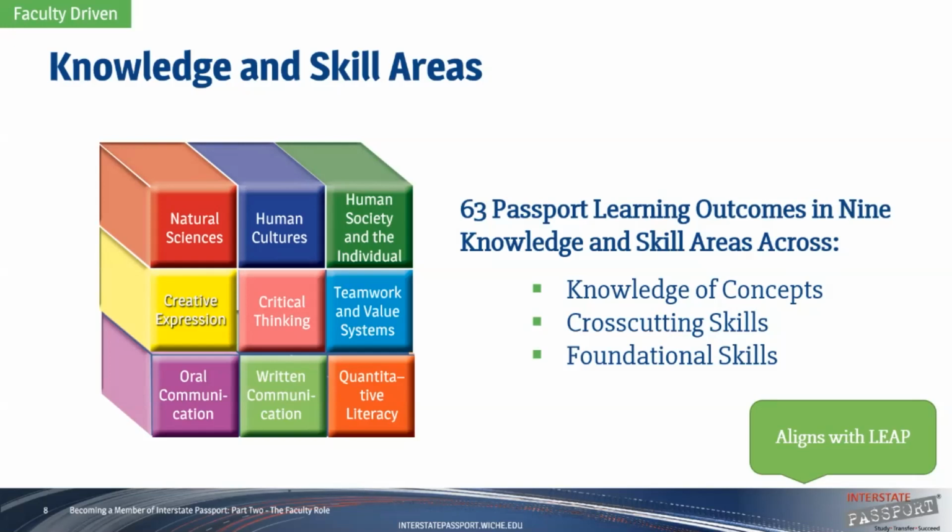Then the knowledge of concepts at the top and down the left side: natural sciences, human cultures, human society and the individual, and creative expression. And then the cross-cutting skills, critical thinking, and teamwork and value systems.